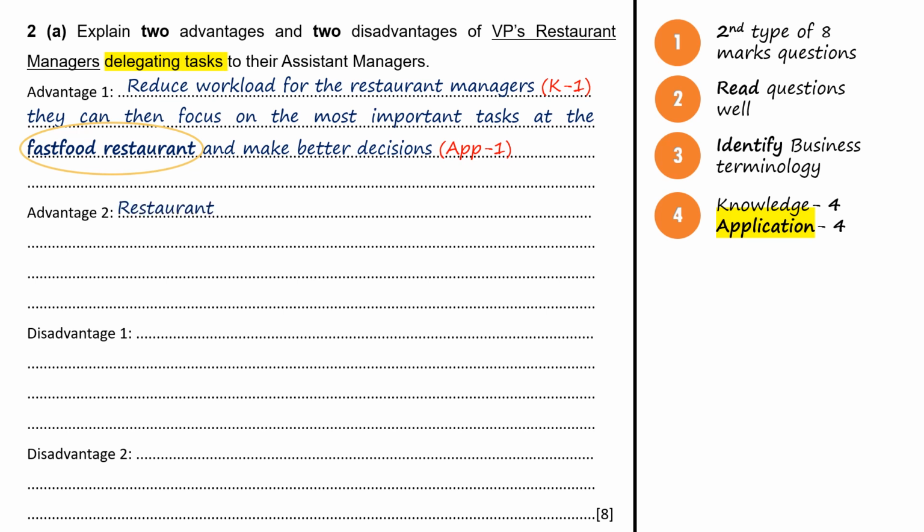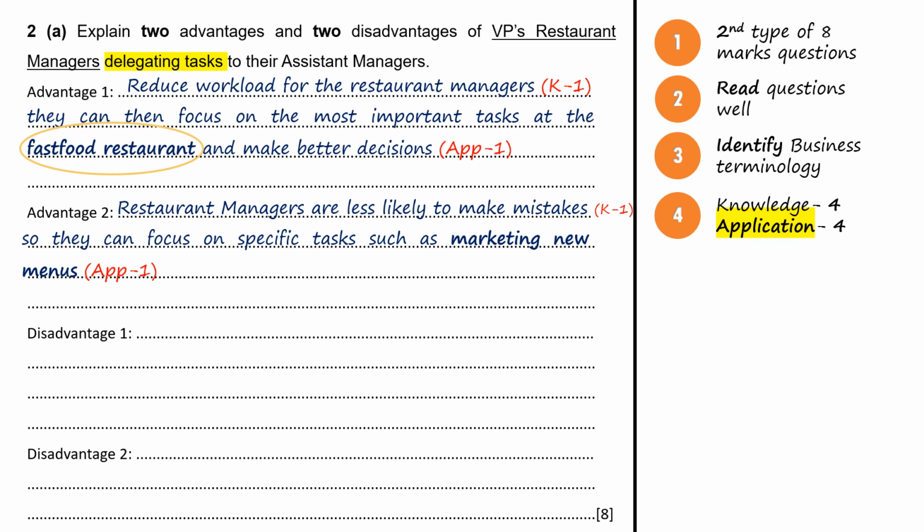The second advantage is the restaurant managers are less likely to make mistakes. Restaurant managers are less likely to make mistakes, knowledge, so they can focus on specific tasks such as marketing new menus. Marketing new menus is application from the case study.